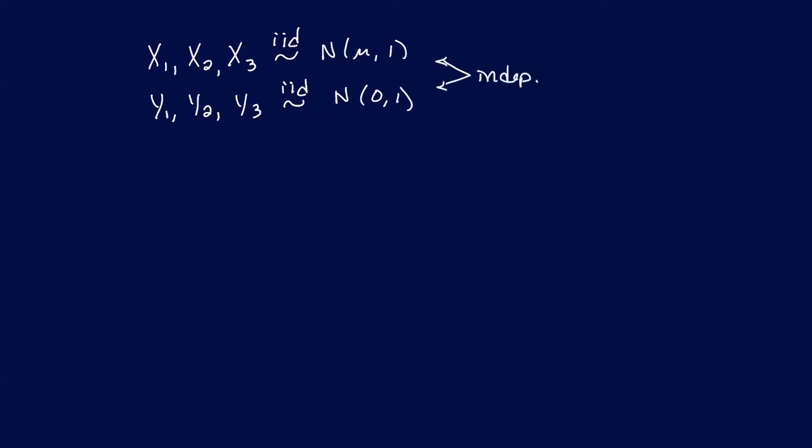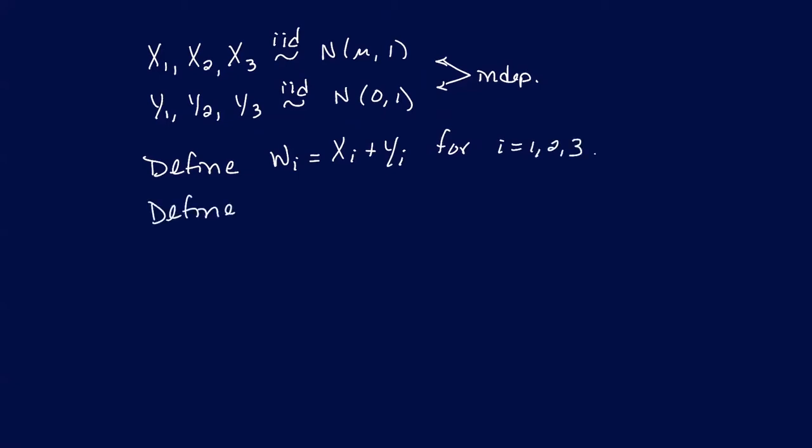And then we define new random variables, W1, W2, and W3. So Wi is xi plus yi, and this is defined for i equals 1, 2, and 3. And then we're also defining a W4, which makes this problem a little bit tricky. So W4 is x1 plus x2.